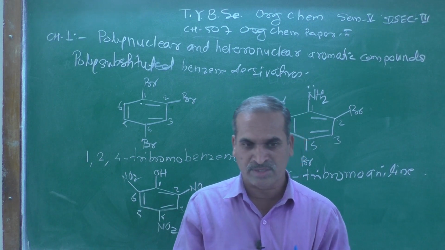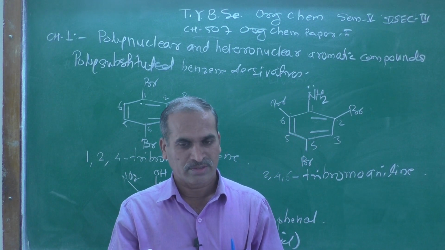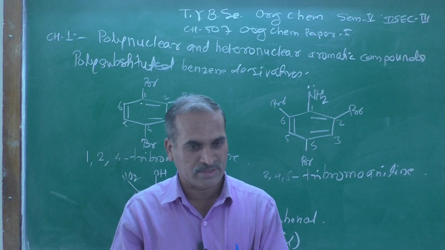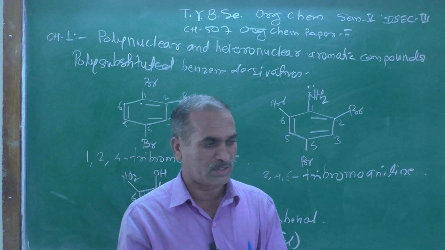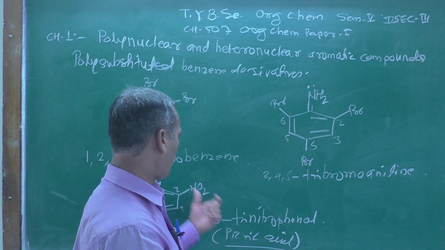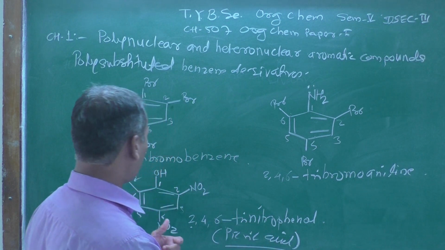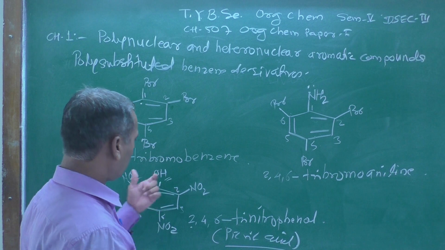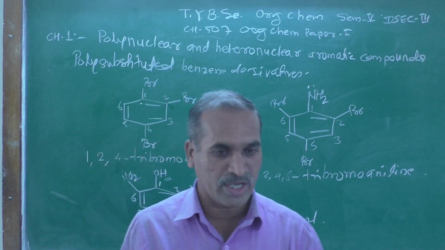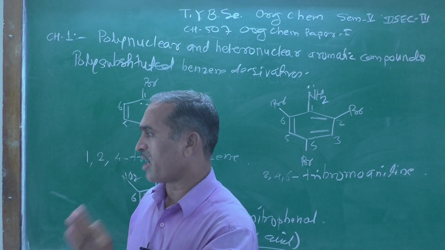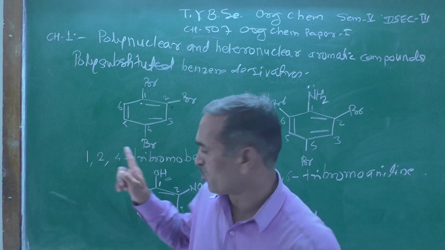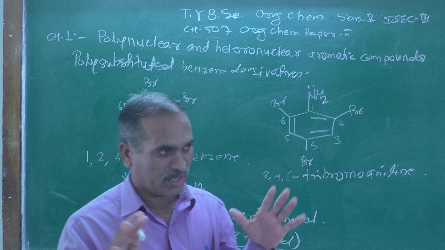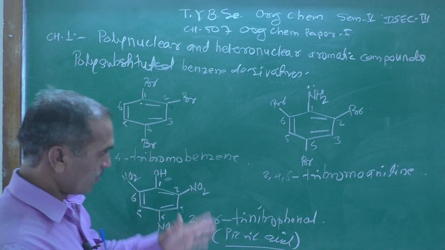Depending upon these factors, they can modify the reactivity of the organic compound. Let's see why picric acid is more acidic in nature. Here the OH group, that hydrogen atom, is responsible, or it can determine the reactivity of that particular organic compound.